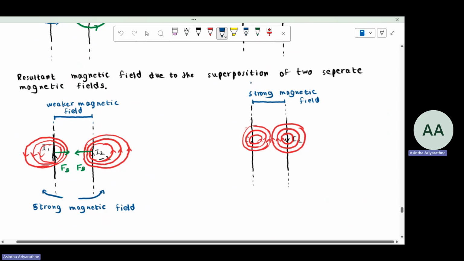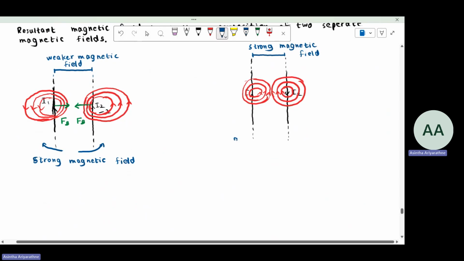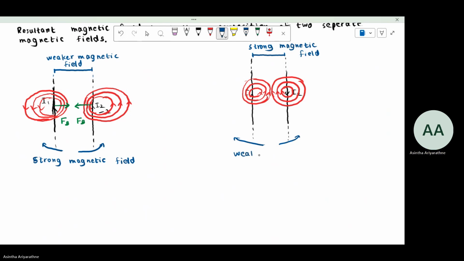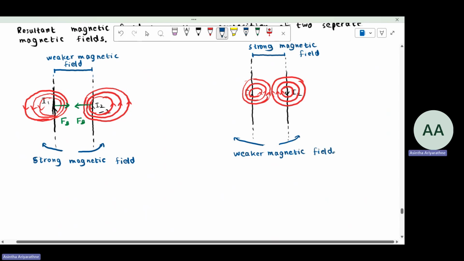The two ends, weaker magnetic field. Right? Weaker magnetic field.